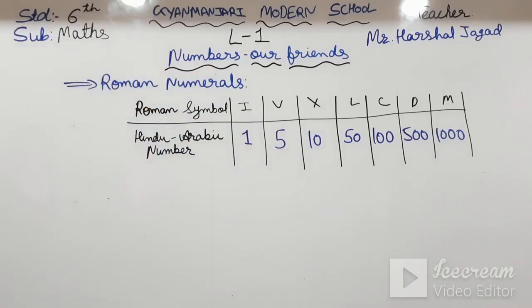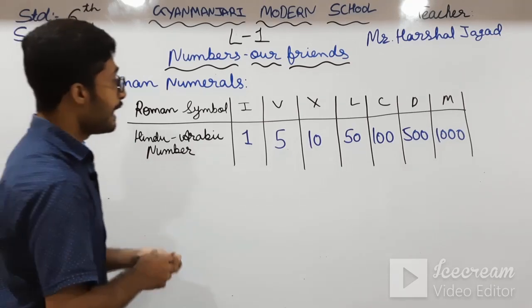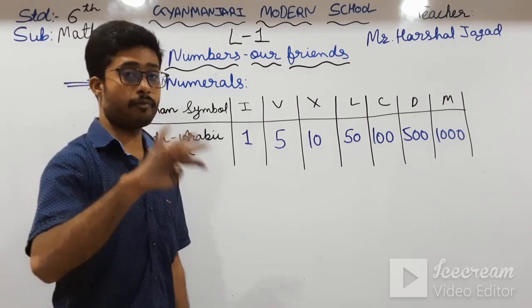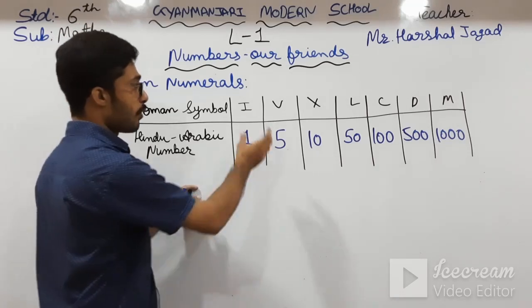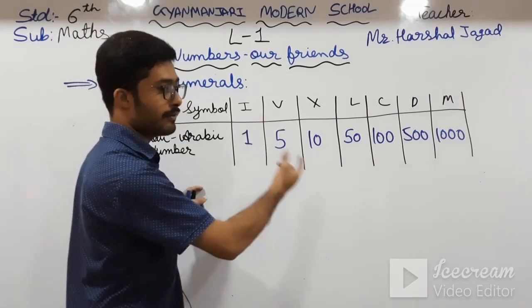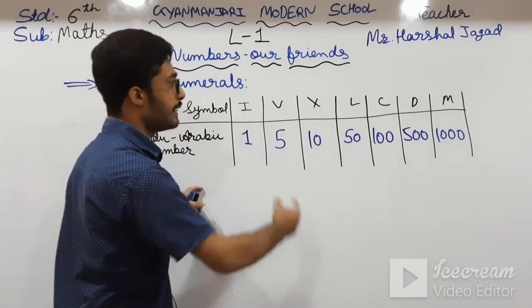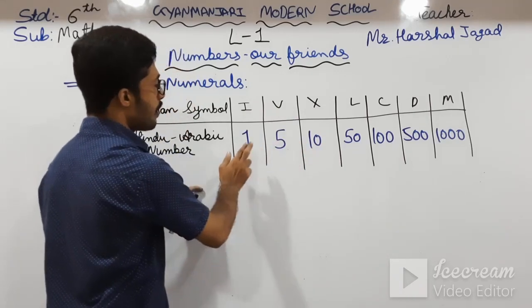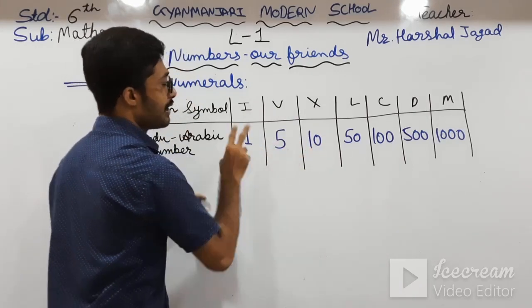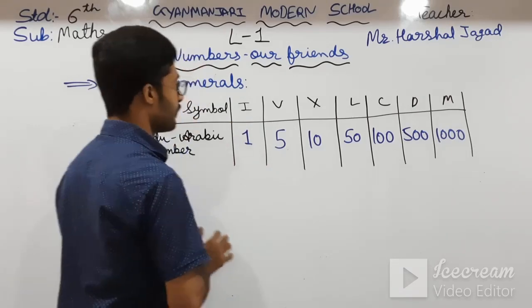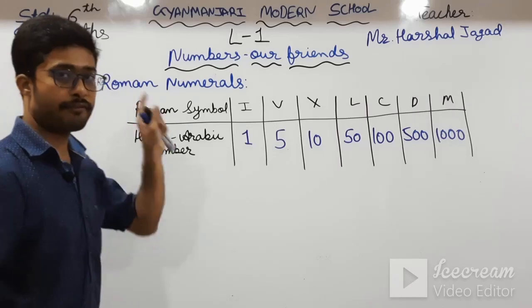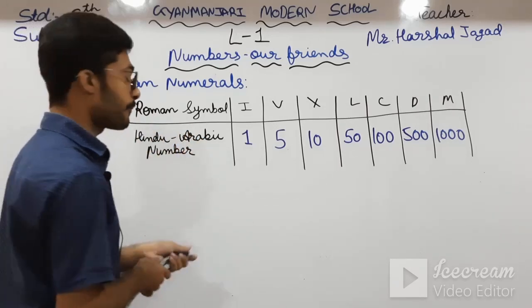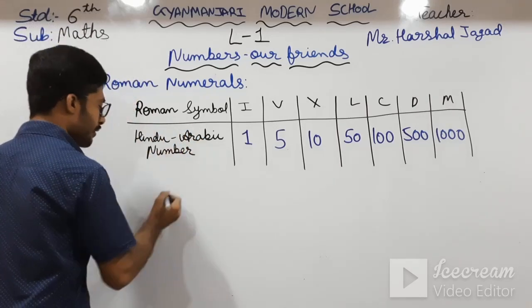Let us see that. See here, in the previous rule number 4, if any higher value has a smaller value on the right hand side, then these values are added. Means if there is X and 2 I's, that means 10 plus 2, that is 12, students. But in the rule number 5, if the smaller value is written on the left hand side, it is subtracted from the larger value.